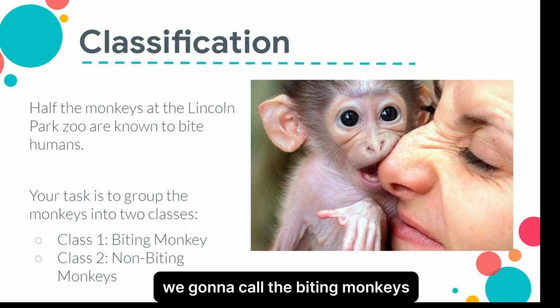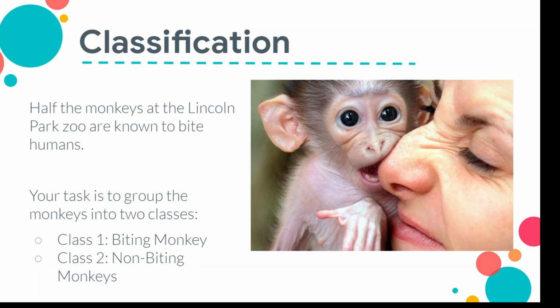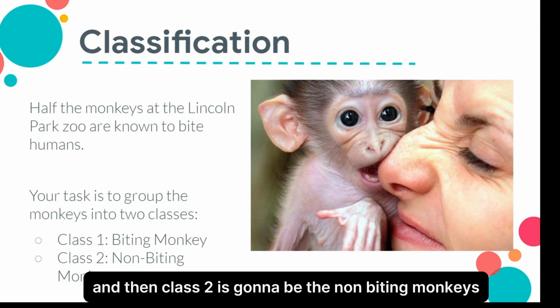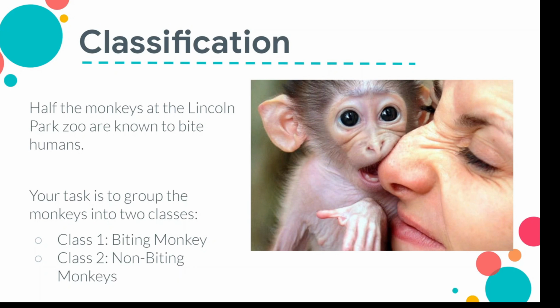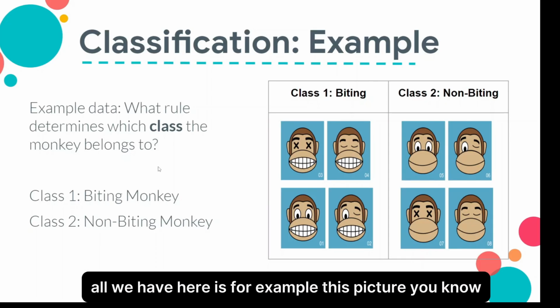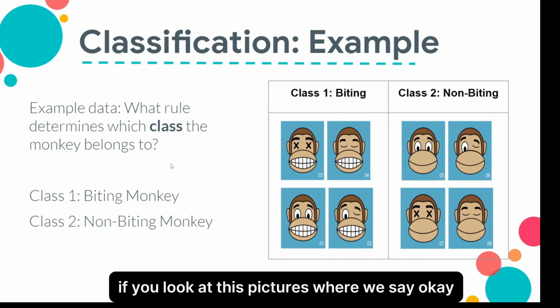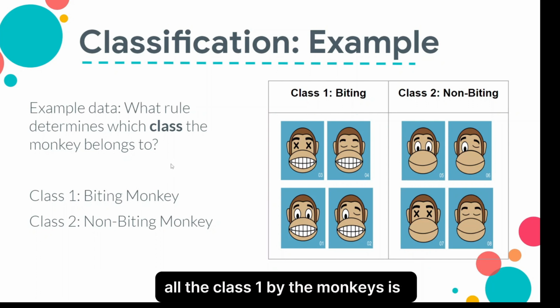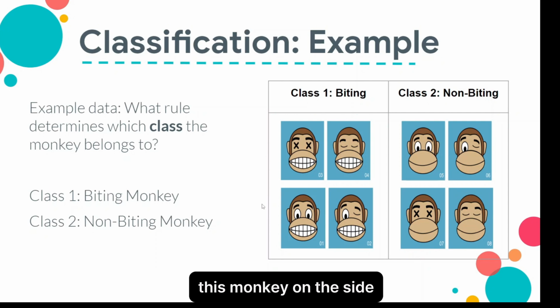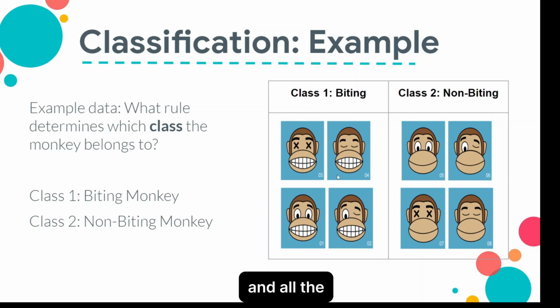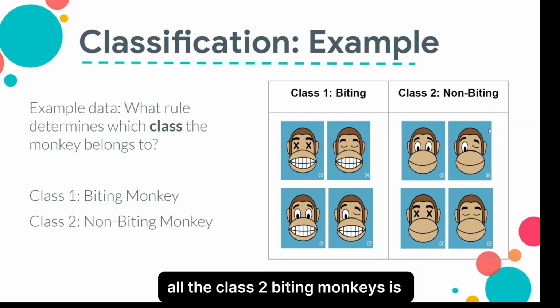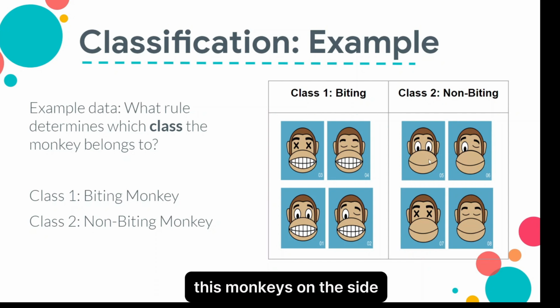Class one we're going to call the biting monkeys, and class two is going to be the non-biting monkeys. All we have here is, for example, this picture. If you look at these pictures, all the class one biting monkeys are the monkeys on this side, and all the class two non-biting monkeys are the monkeys on the other side.